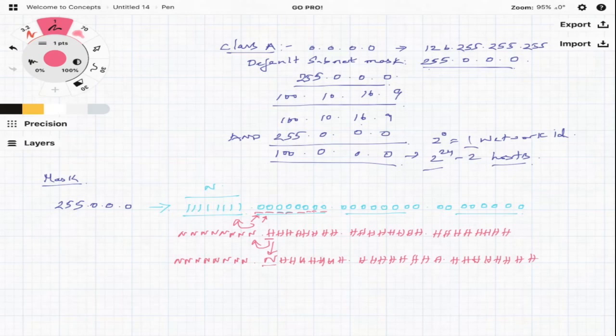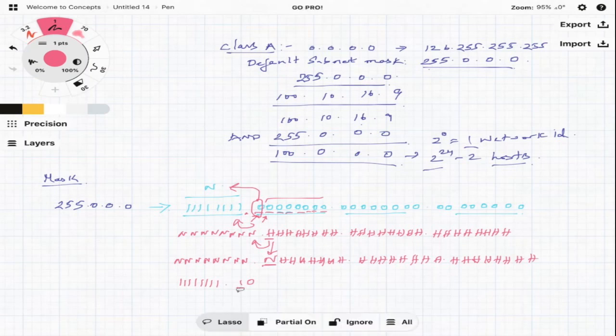So this part will become the network portion and the remaining are all host portions. Now the new subnet mask will be like this. This 1 we are utilizing as a network portion and the remaining are all the same.